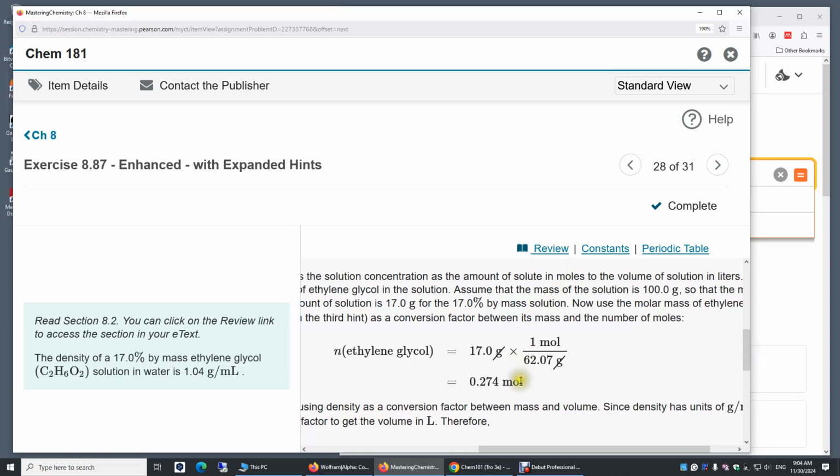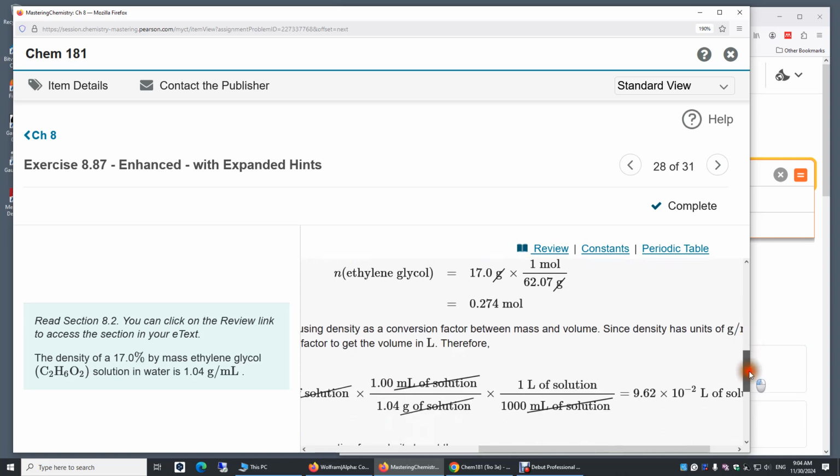But anyways, let's get back to here. If you assume the mass of the solution is 100 grams, it's really easy to get the mass of the solute, 17 grams. And then we have the molar mass, 62. We calculate the number of moles of this ethylene glycol, which is the solute in the solution.